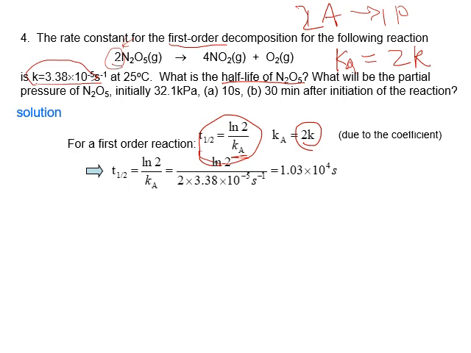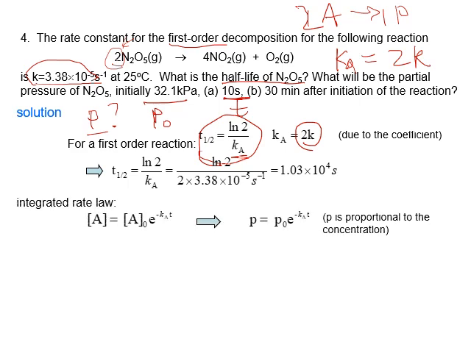Next, what will be the partial pressure of N2O5? Initially it is 32, so this is A naught or P naught. It asks you what is P when the time is, let's say, 10 seconds. So you know the time and you want to calculate the partial pressure at this time. Again, that's the integral rate law. It can be written with the natural log or the exponential; these are different ways to write it.